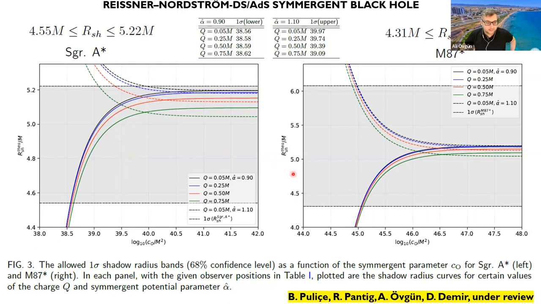It is the same for M87, but for M87 on the right side, more values are in the 1 sigma region. Somehow the effects of the DS and ADS cases become hard to distinguish as C0 gets larger in size, because the difference is very small.